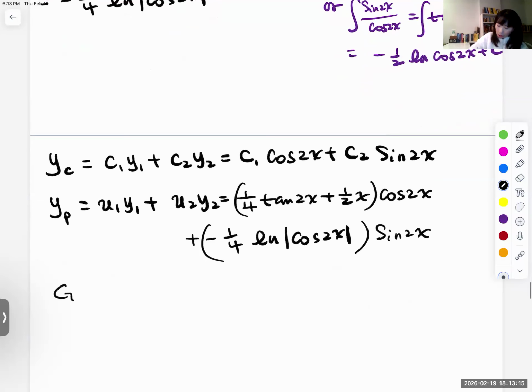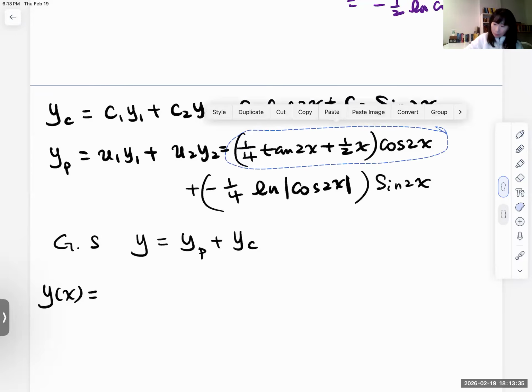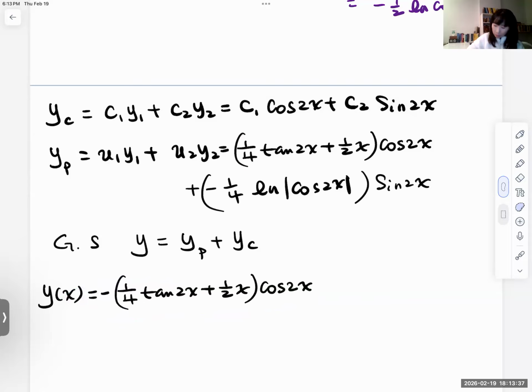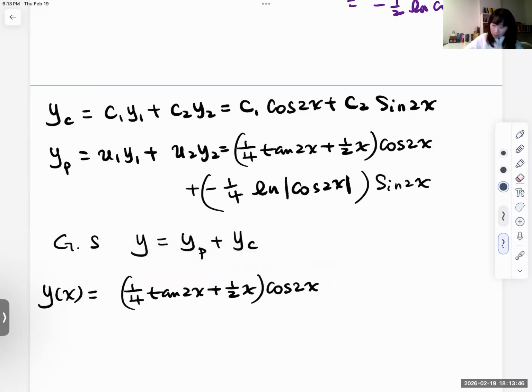So general solution, y equal to particular solution plus complementary solution, right? Okay, so there will be y of x equal to whatever we have. Let me just copy. No, there is no negative, right?